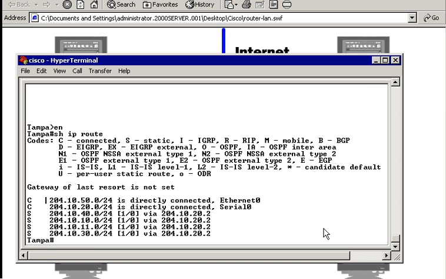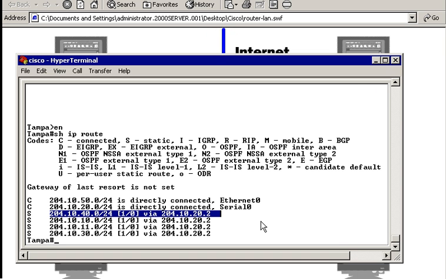So I went up inside the global configuration mode, and I typed in IP route, and I basically said, hey, look, if you're looking for network 204.10.0, you can find it by going out one of my interfaces and going to the next hop router, which has its interface configured with this particular address of 204.10.20.2.